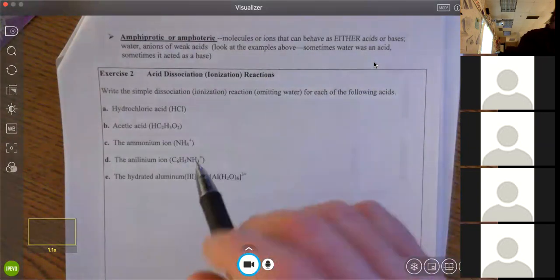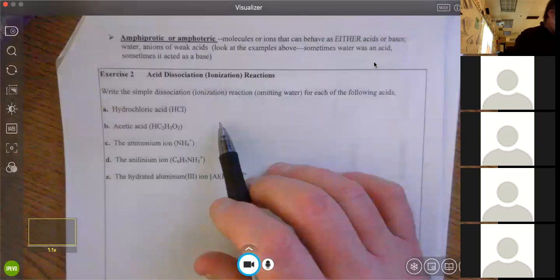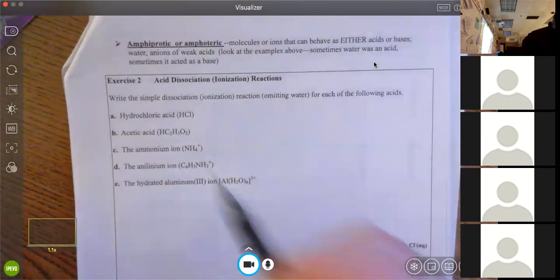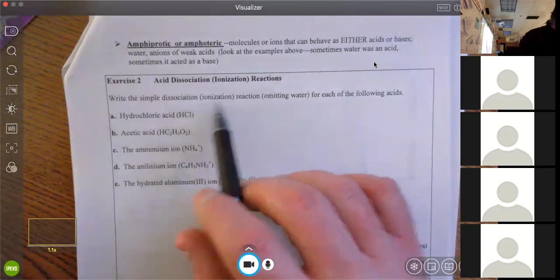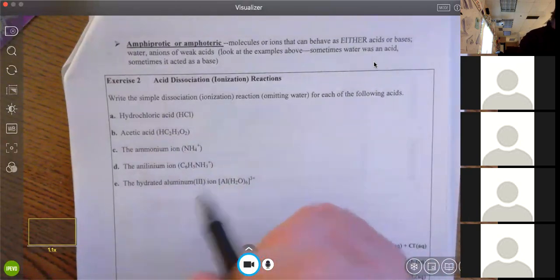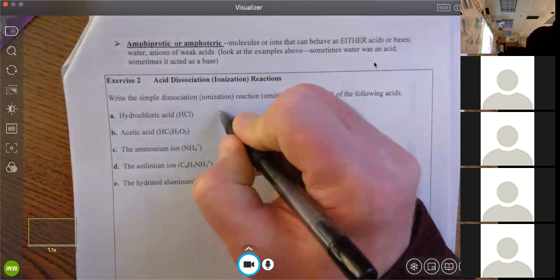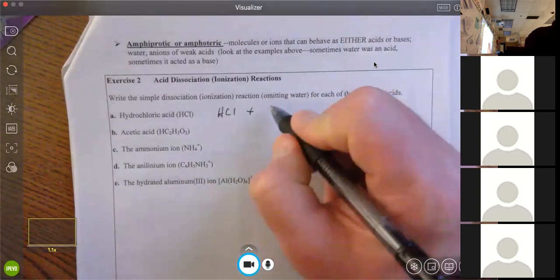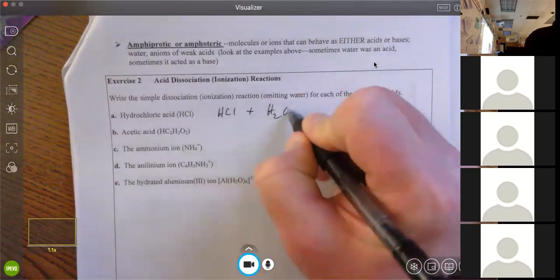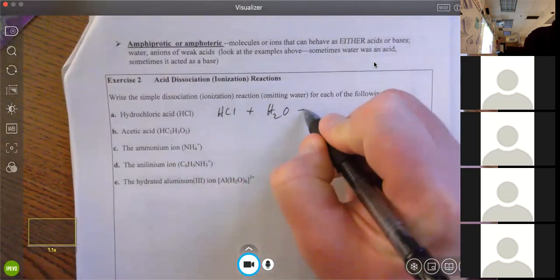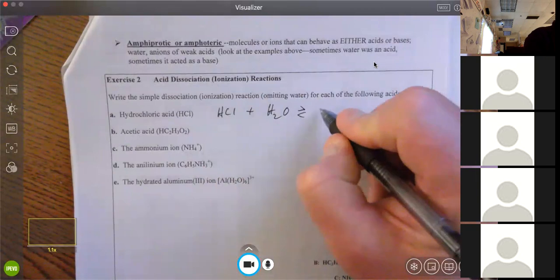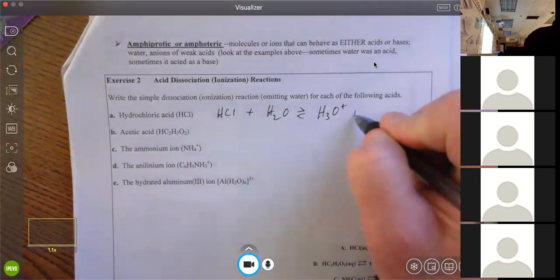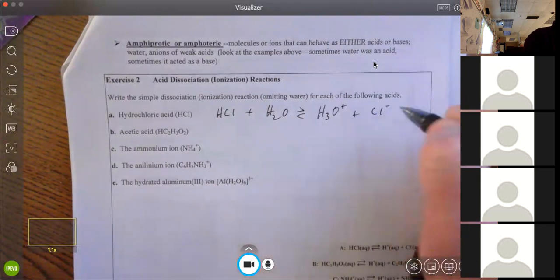Let's do a few of these and I'll let you finish them up. I'll just cover up your answers down here. So write the simple dissociation reaction for each of the following acids. HCl plus H2O is going to yield H3O plus, the hydronium ion, plus Cl negative.